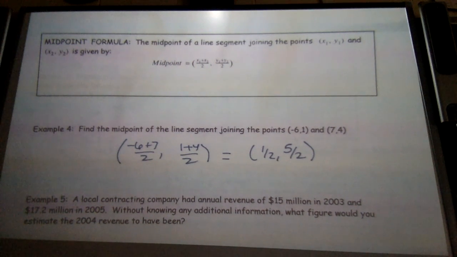If it doesn't divide evenly, just leave it in fraction form. Questions on that?